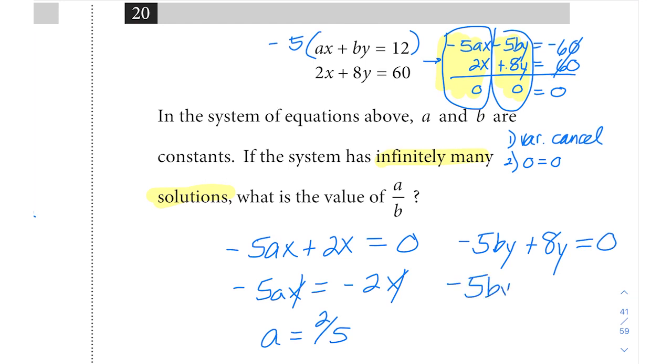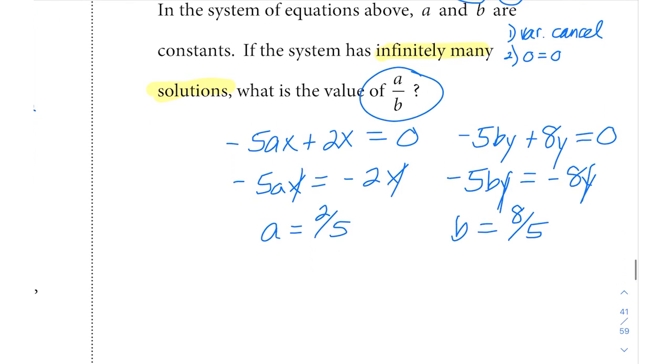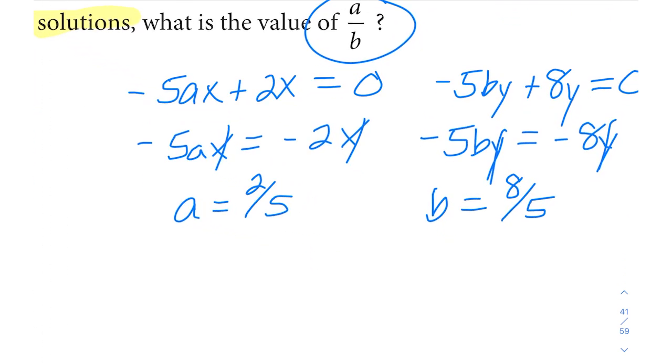And we can solve for b. -5by equals -8y. Divide by y to cancel those. And then divide by -5 to get that b equals 8/5.